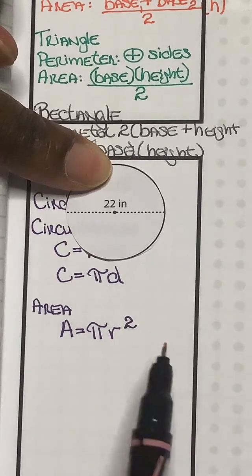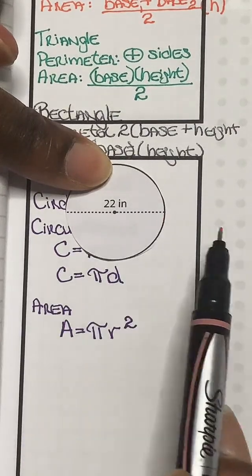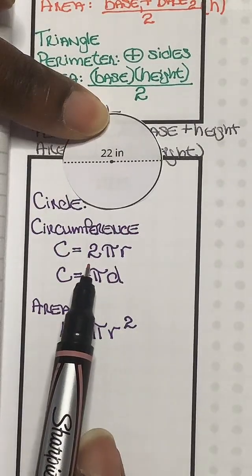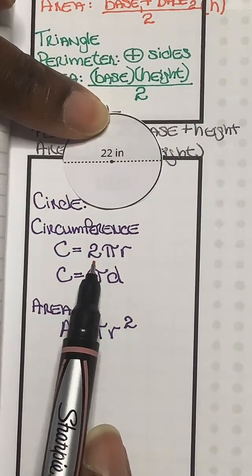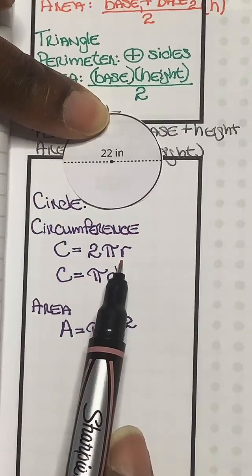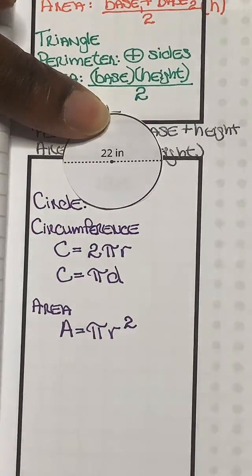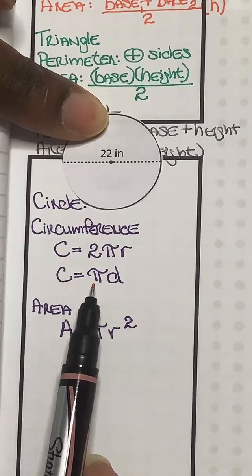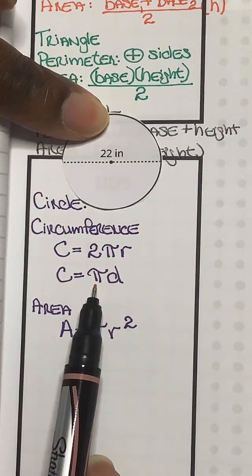So the radius is half the length of the diameter. So if they give you the diameter, yeah, you can divide by 2 to get the radius, but look at the formula. Then you will have to multiply that 2 all over again. So it's too much jumping around. So all you have to do when they give you the diameter, just multiply by your representation of pi.